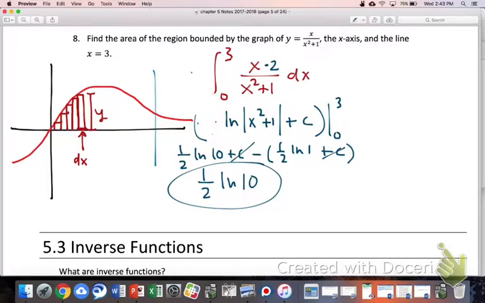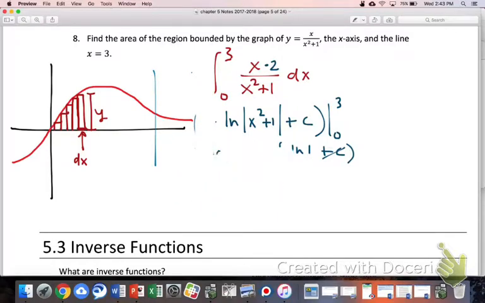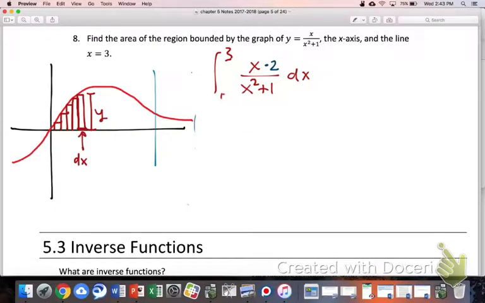Let me erase a bunch of stuff here. We'll do U sub. Okay, so for Jake, Ben, Laney, others perhaps, U substitution, what I would do here is I would say U equals the denominator, and therefore du is equal to 2x dx.